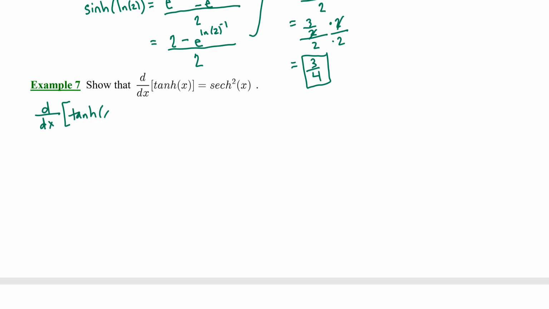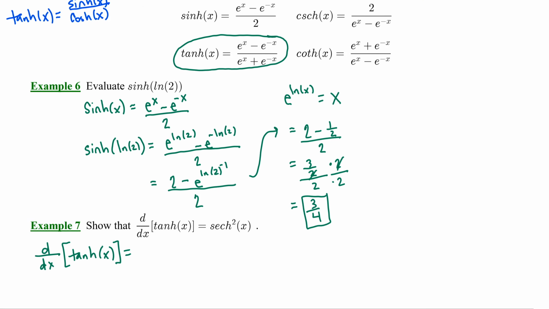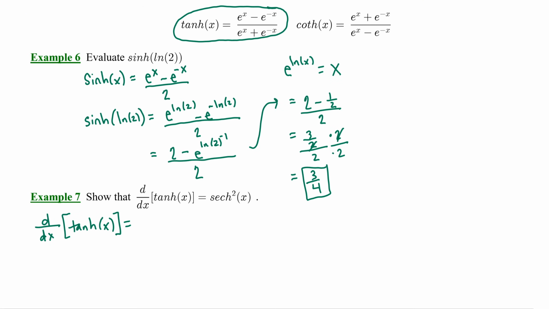So we need to find the derivative with respect to x of e to the x minus e to the negative x divided by e to the x plus e to the negative x.